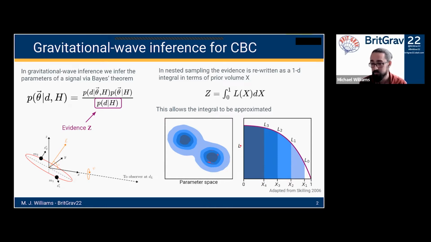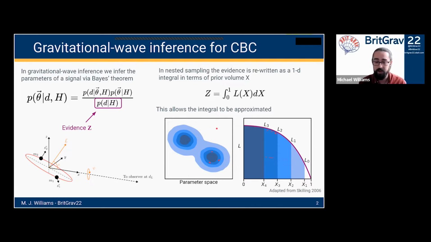And in nested sampling, those spaces are defined in terms of the likelihood. So we consider different contours in likelihood, and we start from the entire prior and shrink down. And so it's considering increasing likelihoods. And as we do that, we can approximate the area under this curve, and that's just the evidence.